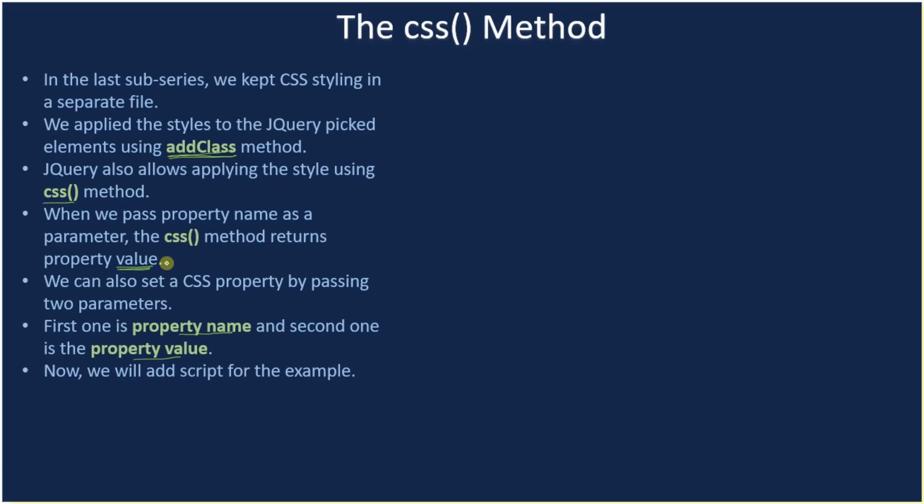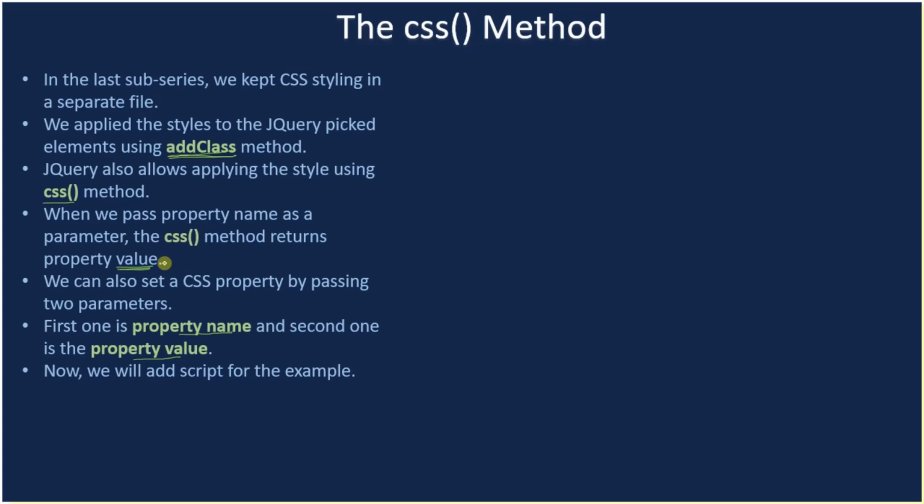Now we will add a script for the example, and you will see how we are using the CSS method. Remember, we have a button group. In that we placed 3 HTML buttons. Each button can be retrieved using its ID. Then we have one more div tag, and in that we have a class attribute called para.